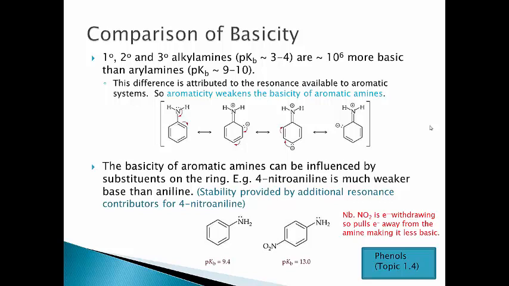The ability to form that conjugate acid relates to the strength of the base. So it's a weak base because it doesn't want to act like a base to form the acid. The basicity of aromatic amines can be influenced by the substituents bonded to the ring. If we have an electron withdrawing group, such as NO2, we have less resonance stabilization because the electrons are withdrawn from the amine, making it less basic.